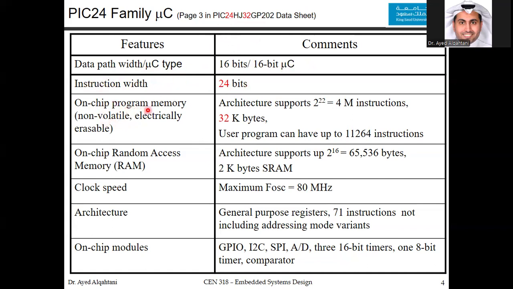The on-chip program memory, the non-volatile one, is also electrically erasable. Its architecture supports 4 million instructions, or 2 to the power of 22. It's 32 kilobytes, and the user program can have up to 11,264 instructions.